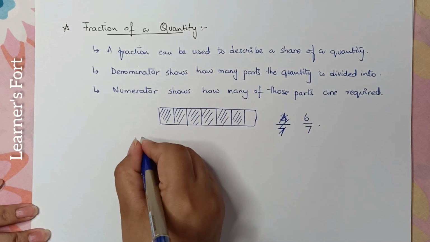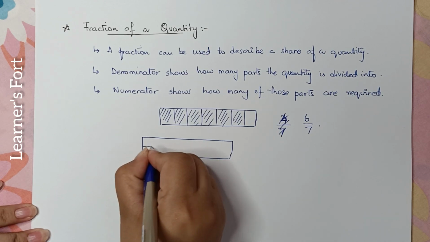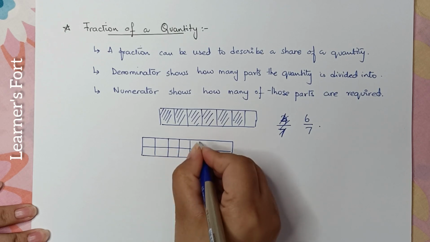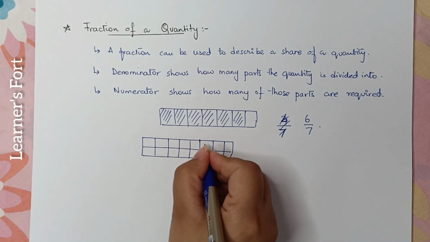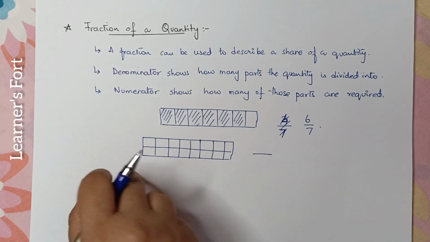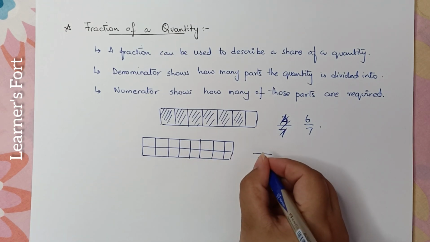Again, if we have a quantity that is divided into 1, 2, 3, 4, 5, 6, 7, 8, 16 parts. So the entire shape is divided into how many parts? 16 parts.